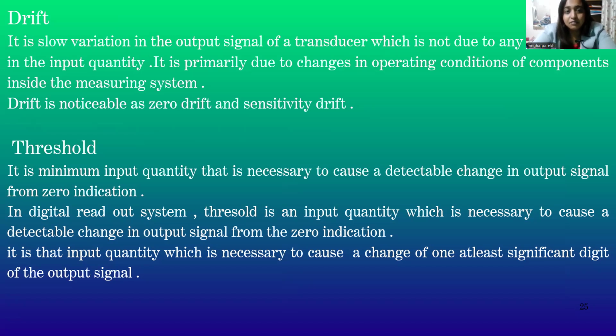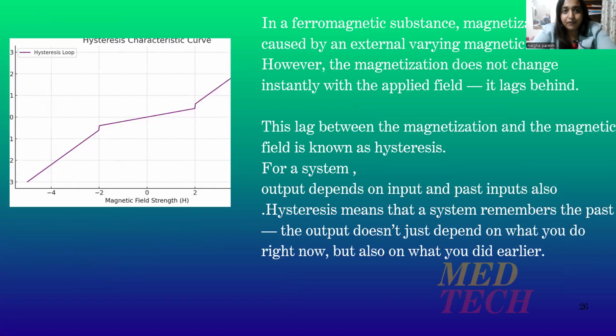So it is the minimum input quantity that is necessary to cause a detectable change in output signal from a zero indication. In a digital readout system, threshold is that input quantity which is necessary to cause a change of at least one significant digit in the output signal. Now we will see what is hysteresis.